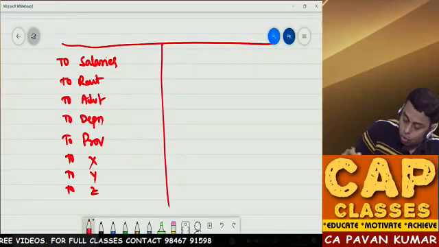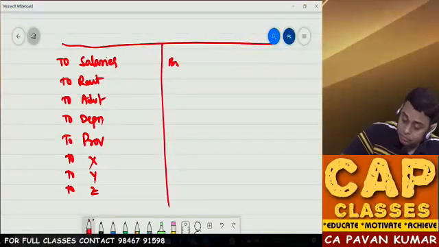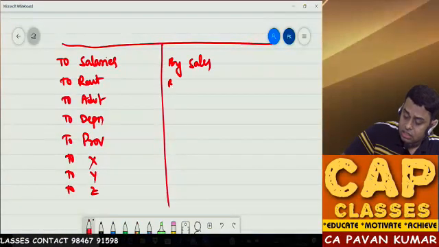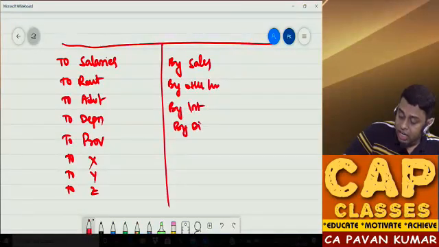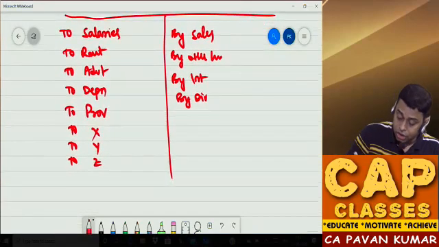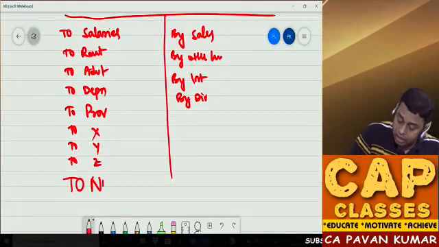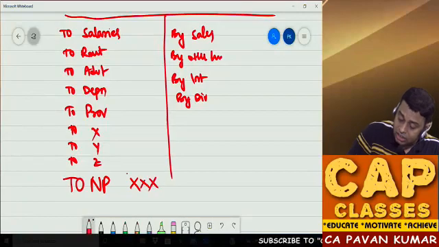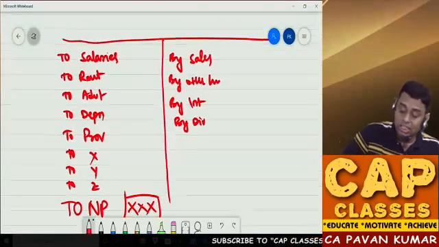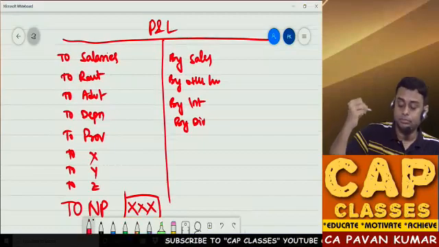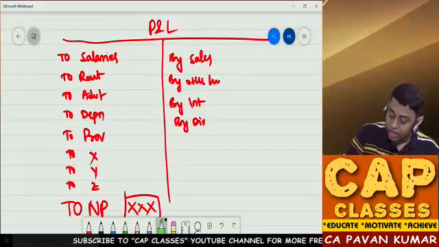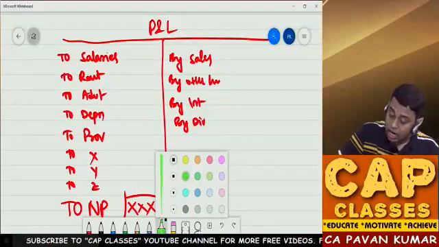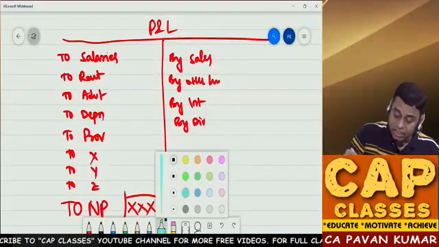There are so many transactions: by sales, by other income, by interest received, by dividends received, non-operating incomes. So here, to net profit x rupees. So this is your P&L.